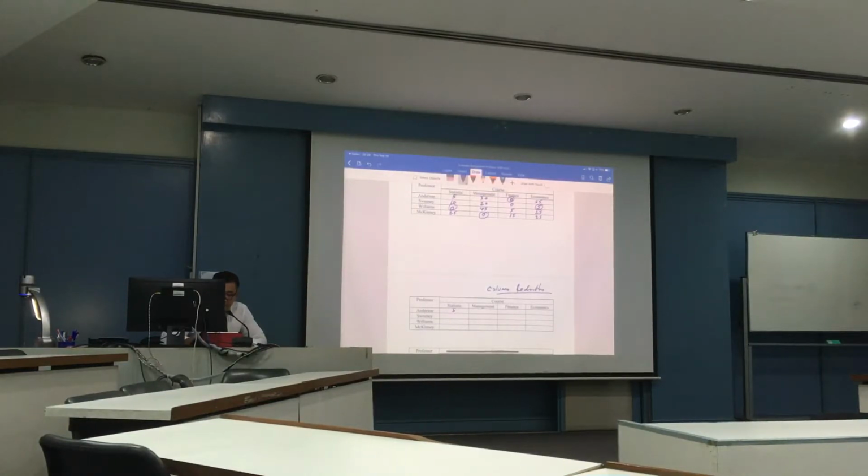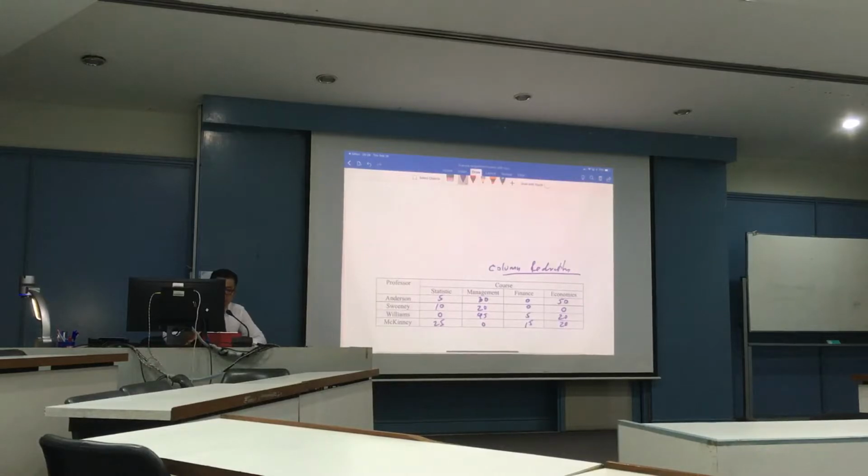We have 5, 10, 0, 25, 30, 20, 45, 0, 0, 0, 5, 15, that is 50, 0, 20, 20. So now we finish the column reduction.